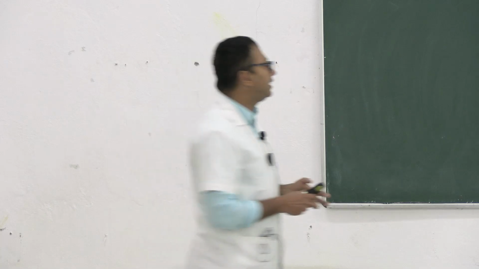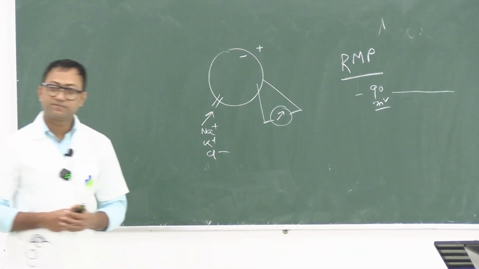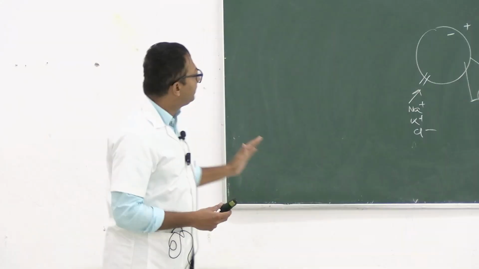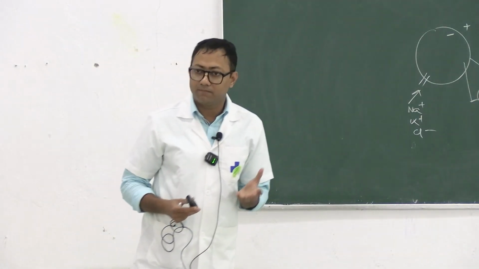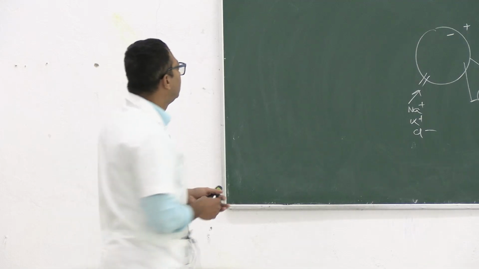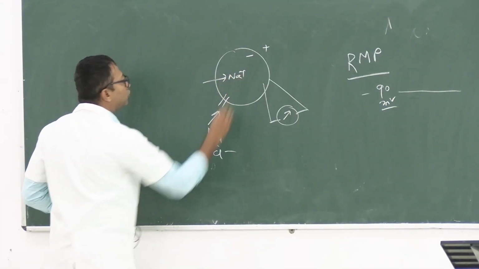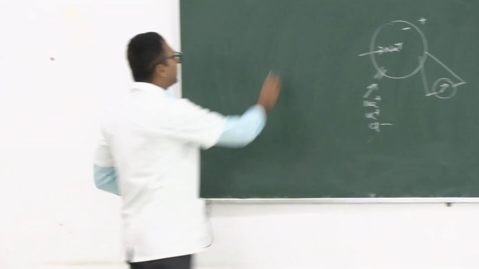Now what will happen if a positive ion, say sodium, enters into the cell? If sodium enters the cell, the inside will become positive. Say sodium is entering through a voltage gated sodium channel.